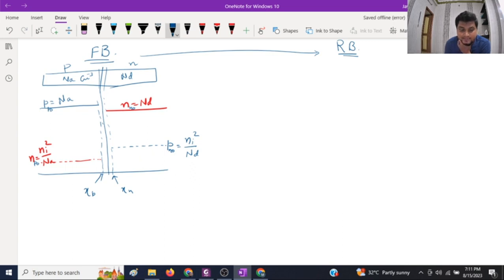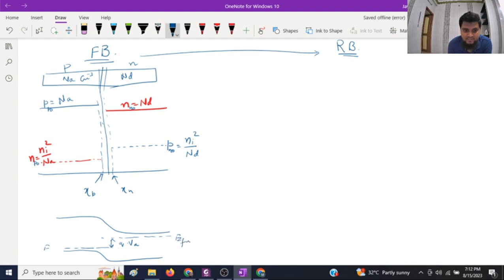So this will be the carrier distribution at around thermal equilibrium. However, because this is a forward bias junction, in forward bias we know that in the PN junction the Fermi levels are not aligned, but they are separated by QVA, if VA is the forward bias, right?